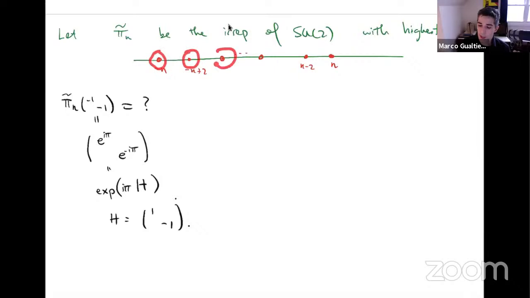When we look at this diagram, this is literally telling us what H is sent to in the representation. H is sent to a matrix which is diagonal with these eigenvalues.